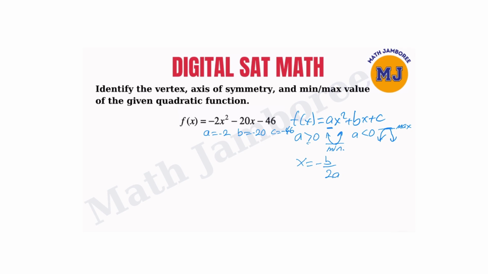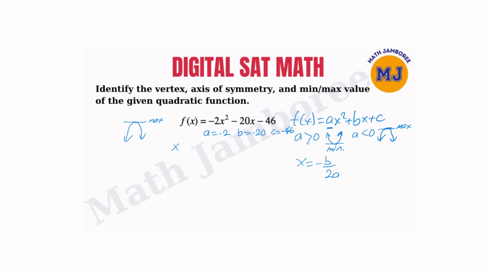So, since a is negative, we will have a graph going down. The arms of the graph will be going down like this, which means that we will have a maximum value. So let's plug in the values in the formula.